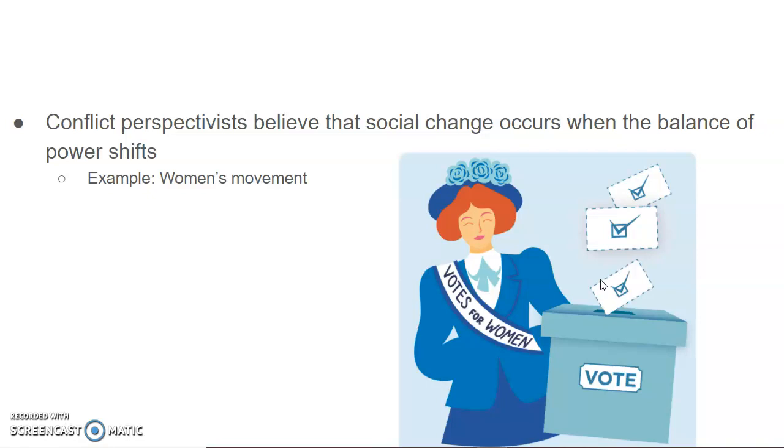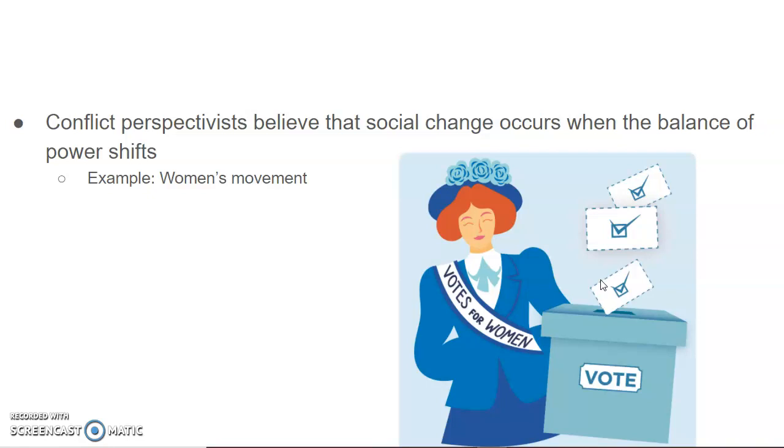And so now that they've been able to participate more in the economy and been given some of that power in that way, they also begin fighting for their right to vote and for other equal rights within society.